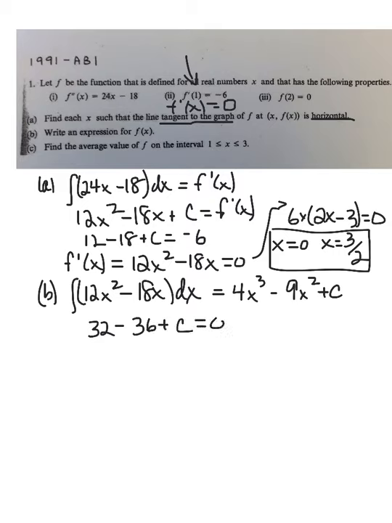So we can see that our c is going to be 4. So then our expression for f of x will be 4x cubed minus 9x squared plus 4.